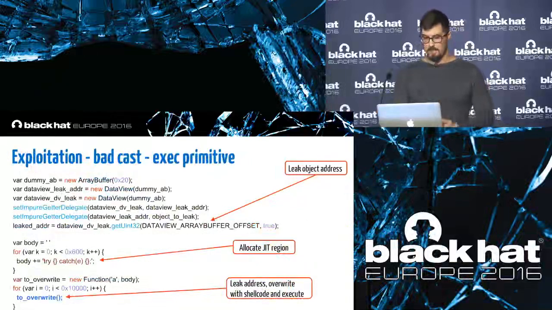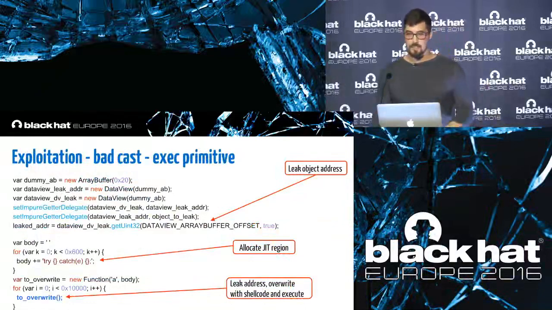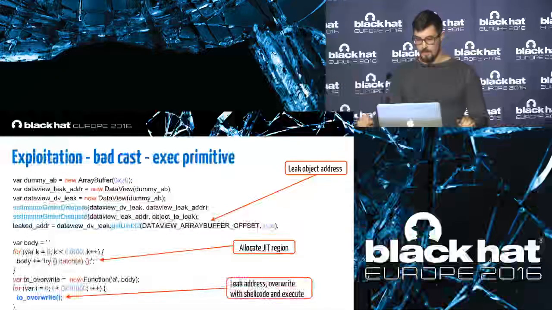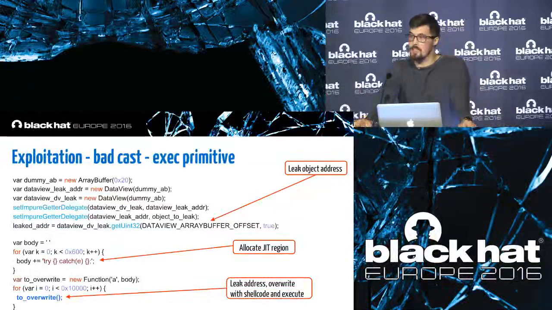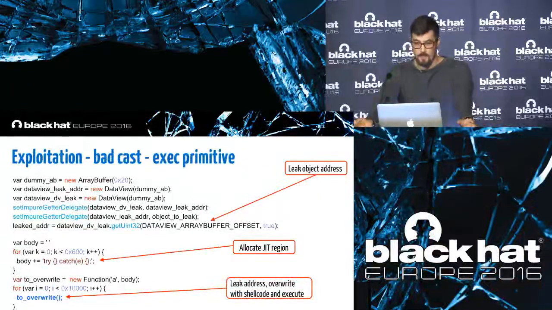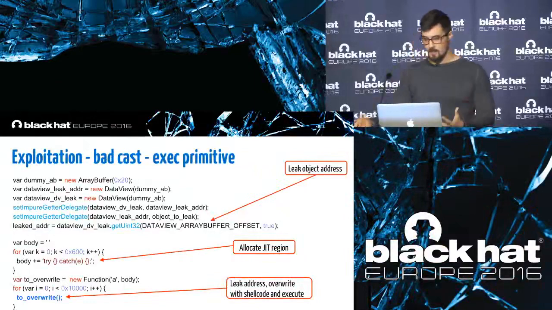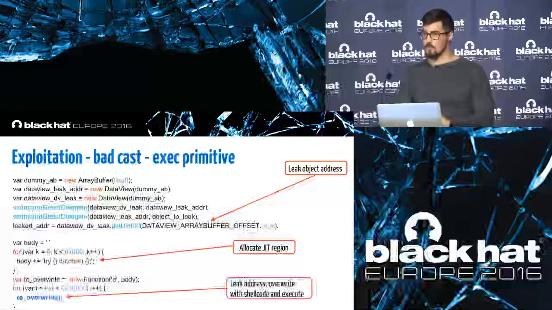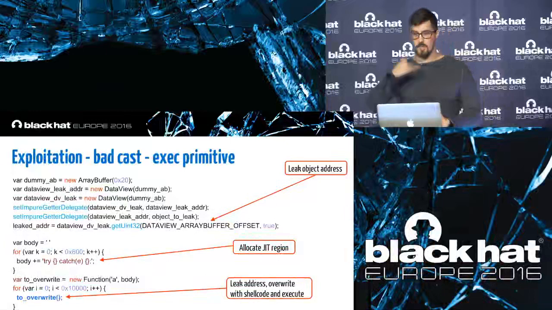And for the execution primitive, the same thing can be used, but now we need to call setImpureGetterDelegate twice. And instead of exposing the entire process memory, we can leak the object address. If we can leak an object address, we can create a JS function object that will contain hundreds or thousands of empty try-catch blocks, and we just start to execute them.